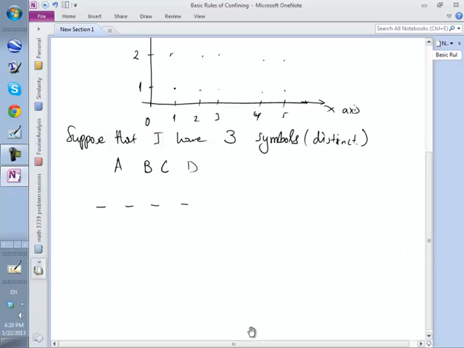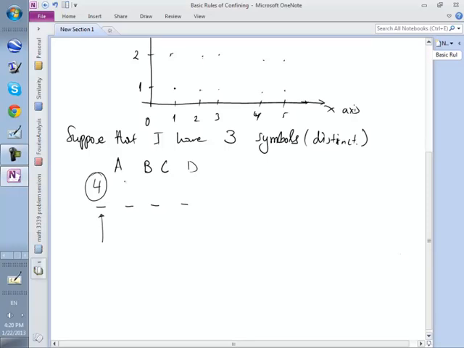So how many choices do you have for the first one? You have 4 choices. Now that choice is gone. You pick one. You cannot repeat those letters, because I give you those 4 symbols. Use them.